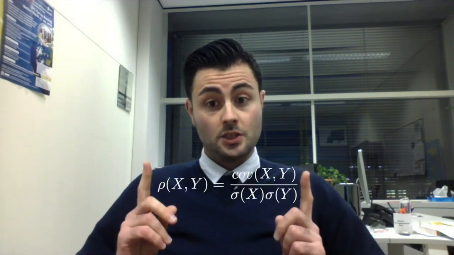Now, when I speak about dependence, I'm pretty sure that what comes to your mind is correlation. Correlation is a nice measure of dependence, but it's a very special measure of dependence. It's a measure of linear dependence.